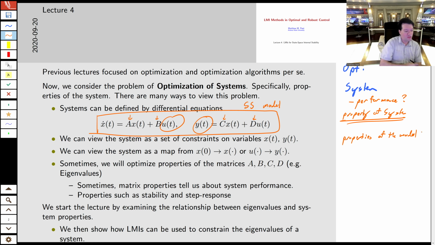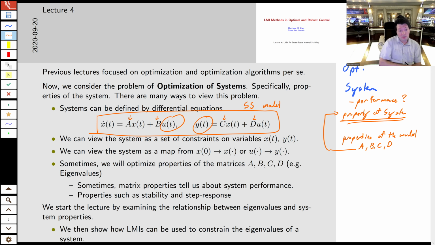Right, so properties of the model, that's properties of those A, B, C, D matrices. So how do those numbers relate to this question of properties of the system? Otherwise, we don't know what we're going to optimize. So we need to have some relationship between these A, B, C's, and D's. The A, B, C's, and D's by themselves are fairly meaningless. It's a model parameterized by four numbers.